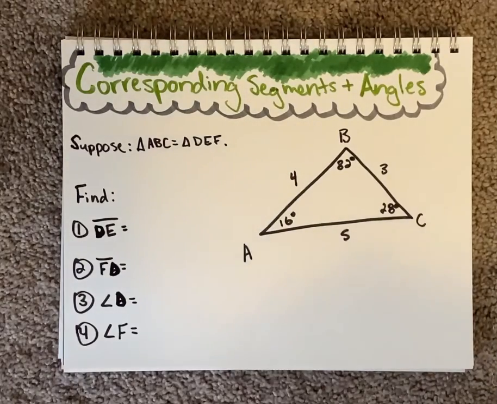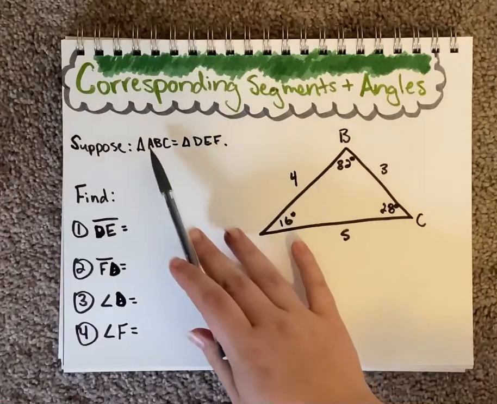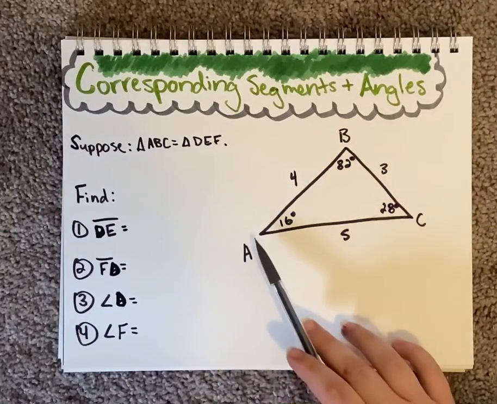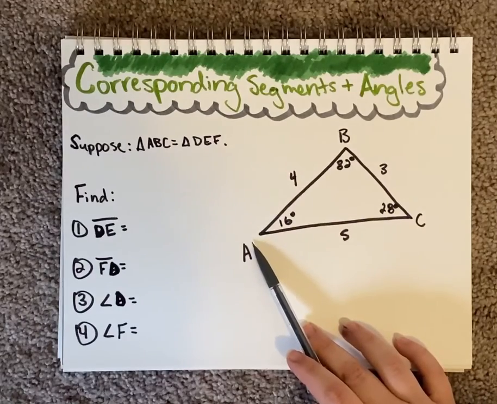So first, we want to try to find line segment DE. Now remember, this is a triangle that is congruent to ABC. So if angle A is equal to angle D, we would assume that angle D would start here where angle A is.